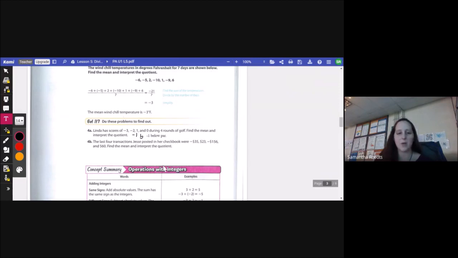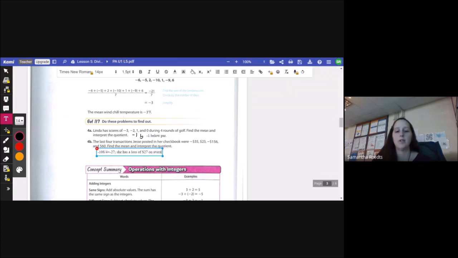So it's negative 108, and then I want to divide that by 4 because there's 4 transactions, which is negative 27. So that means she has a loss of $27 on average.